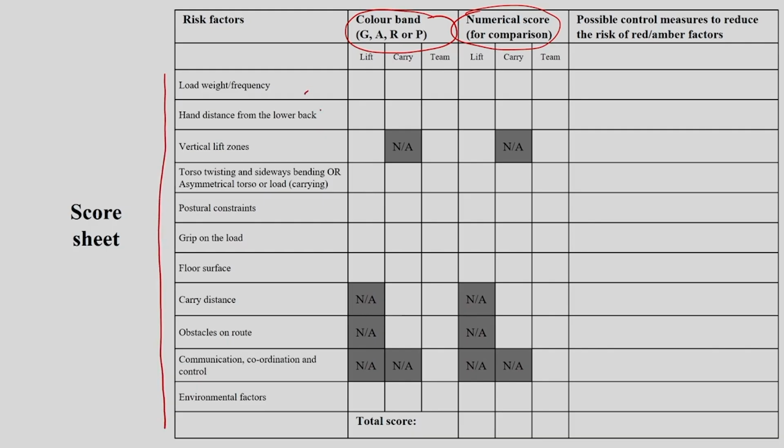So we have 1, 2, 3, 4, 5, 6, 7, 8, 9, 10, 11. 11 risk factors are associated. Also we have a blank column which talks about possible control measures to reduce the risk of red and amber factors. We will get those values. So we will understand how we get these possible risks.